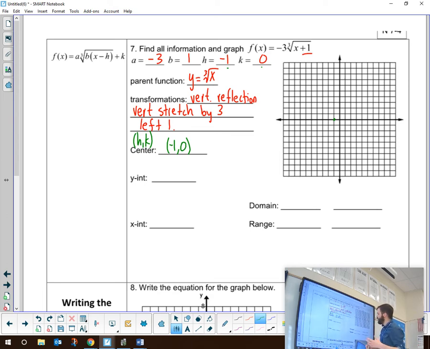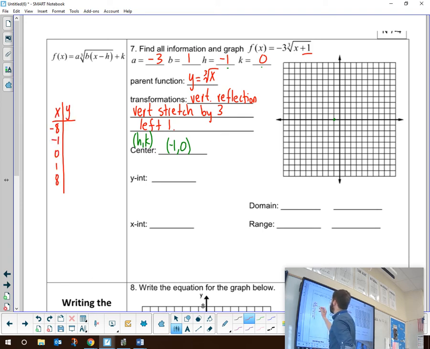And so whenever I do this, my normal one, remember, our normal parent function is negative 8, negative 1, 0, 1, 8, and negative 2, negative 1, 0, 1, 2. Now, our new one is going to be, remember, it's going to be 1 over b times x plus h, and it's going to be a y plus k.